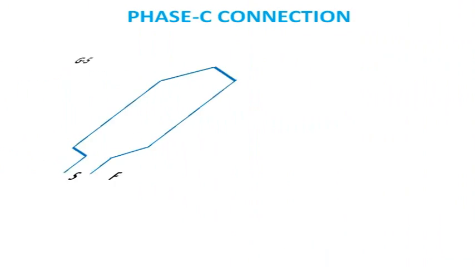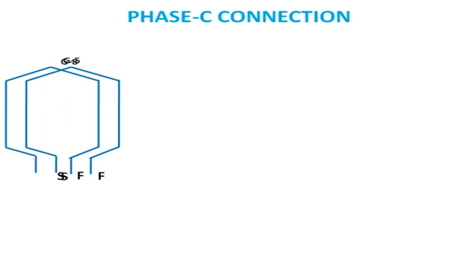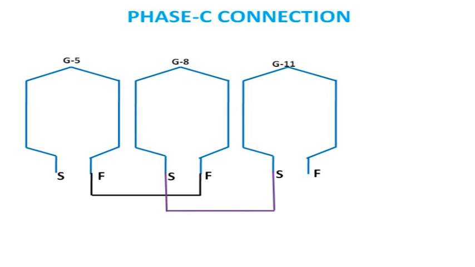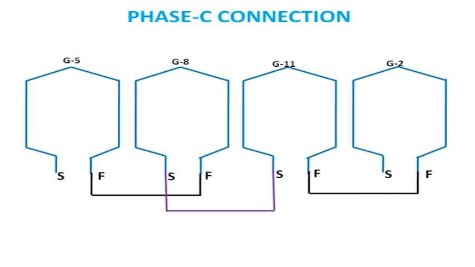For phase C, it will be group 5, and the finish of group 5 will connect to the finish of group 8, that is after a 2 coil group gap. Then the starting of group 8 will be connected to the starting of group 11, and similarly the finish of group 11 will connect to the finish of group 2, again a 2 coil gap, and finally the starting of group 5 and group 2 will come out as the C1 and C2 terminals.